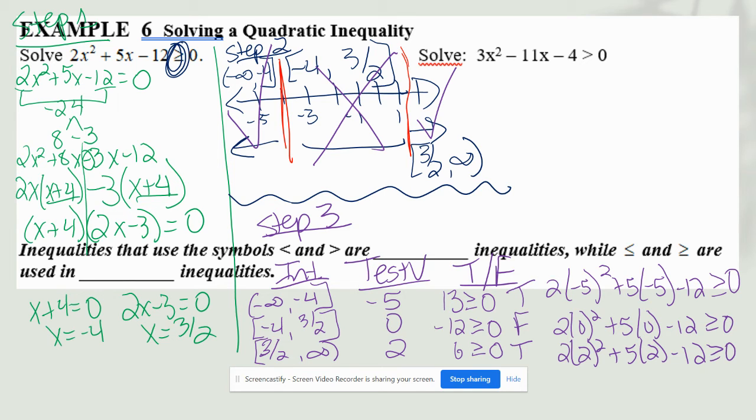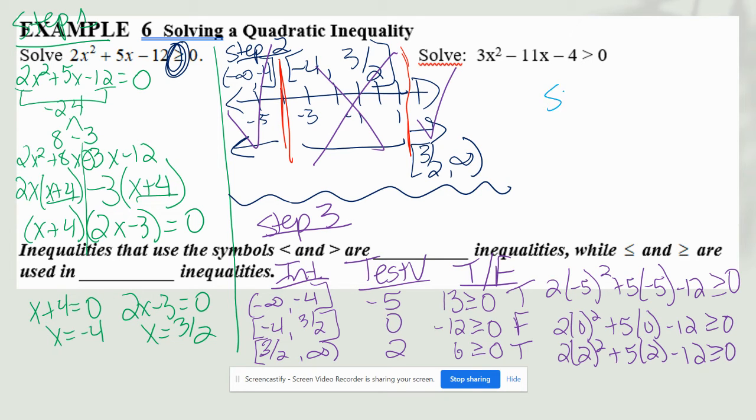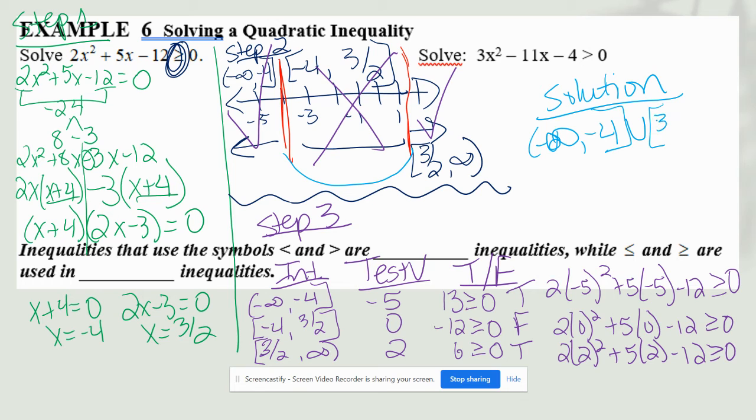So we can also have that last part. How do we write that solution then? That solution will look like -infinity, oops, having a little issues with that there, sorry, to -4, union, remember when we skip over stuff, that's a union, 3/2 to infinity.